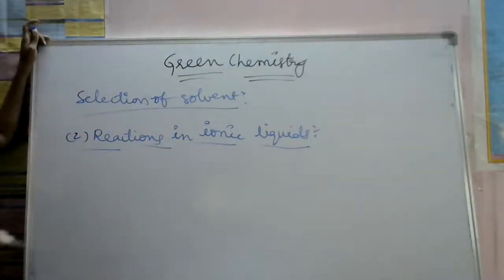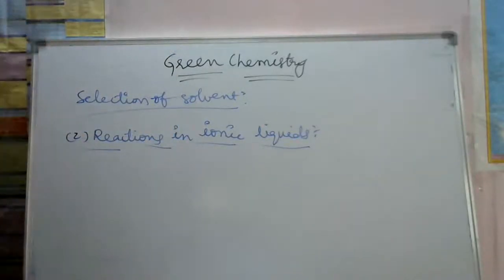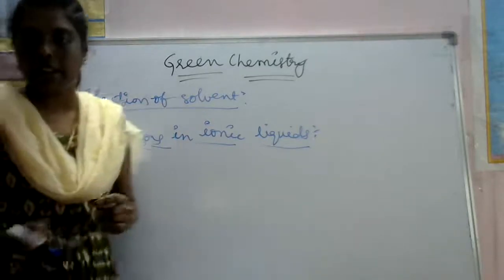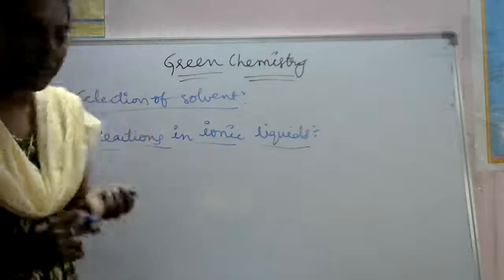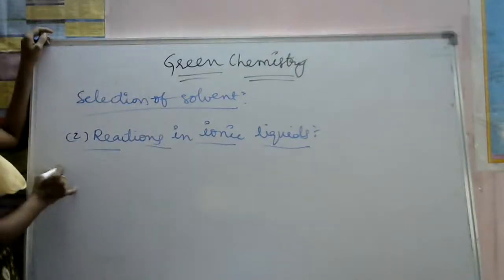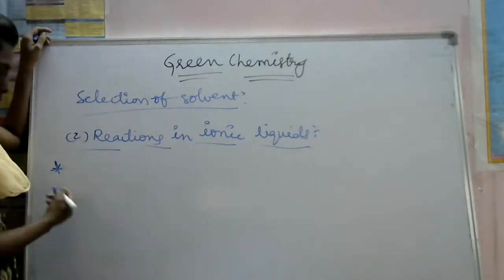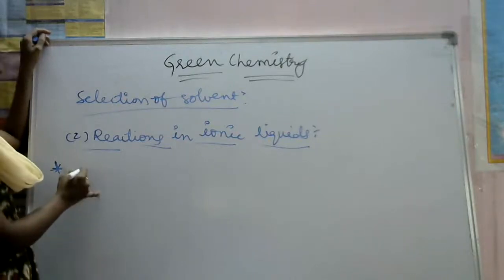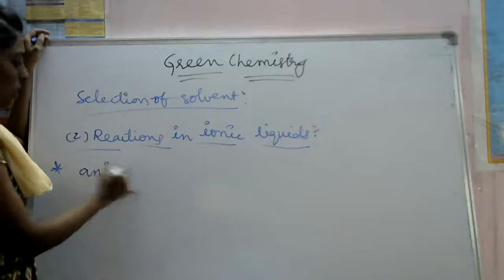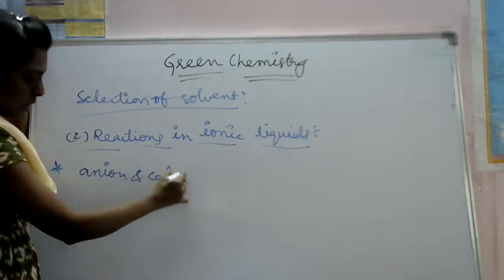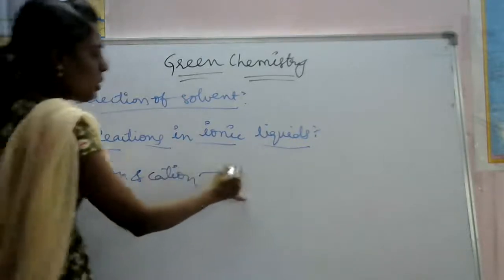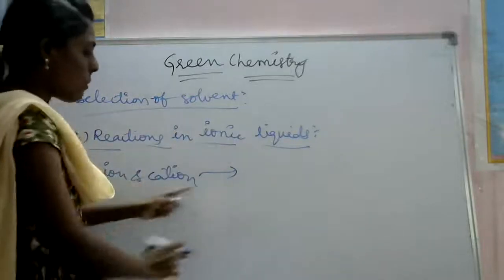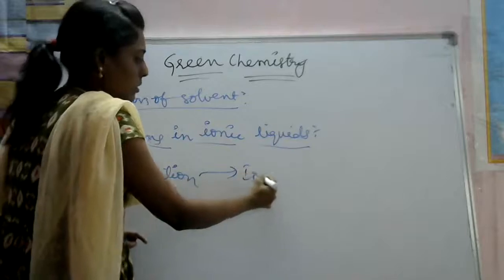Ionic liquids are made up of two ions, which are a cation and an anion. These ionic liquids are made up of two components, so we have to combine the anion and the cation.